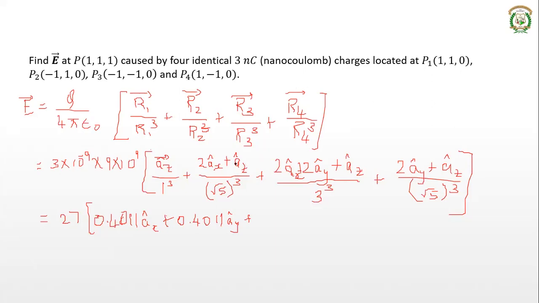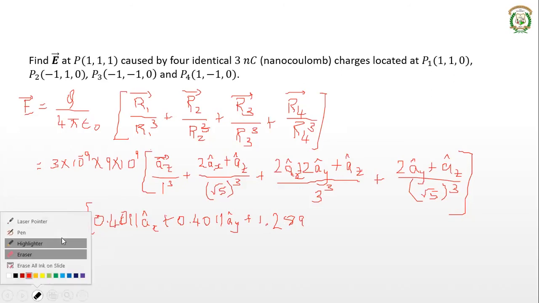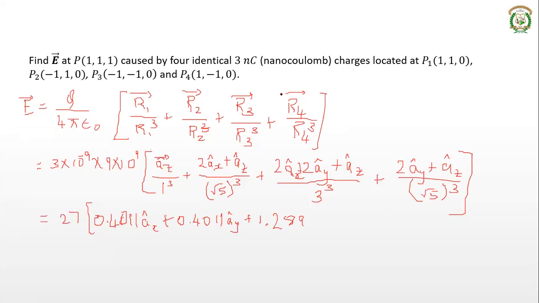See, there is 1 by root 5 cube twice in this term as well as this term. So whatever you get, they are all nearby values. It's fine anyway, but it should be accurate. So take it as 1.29 also. What is the final answer then? You have to multiply this with the 27. You'll get the final one.